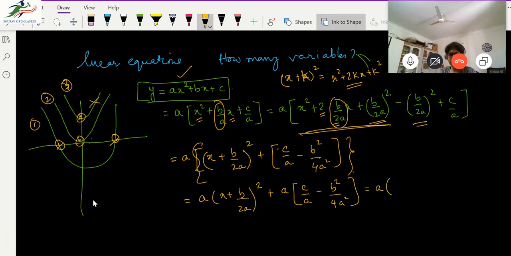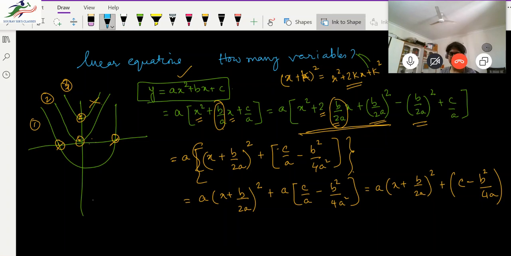So this becomes x plus b by 2a whole square plus, a by a will cancel out, c minus b square by 4a. Now why did I do all of this? Because I wanted to find out the condition under which this curve will intersect the x-axis. Now look at it.